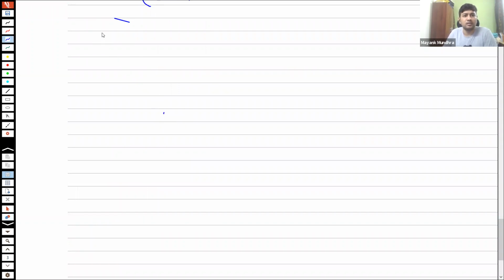f of x equals root x plus 1 by root x. Okay, so f of x plus h will be equal to under root of x plus h plus 1 by under root x plus h.